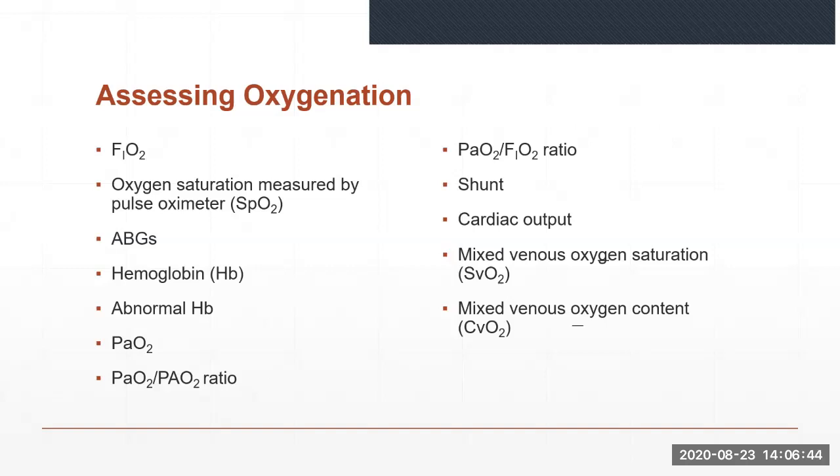Measuring oxygen delivery to the tissues provides valuable information about oxygen availability to the tissues. Oxygen utilization by the tissues can be determined by measuring arterial to mixed venous oxygen content difference, oxygen consumption, cardiac output, and mixed venous oxygen saturation.